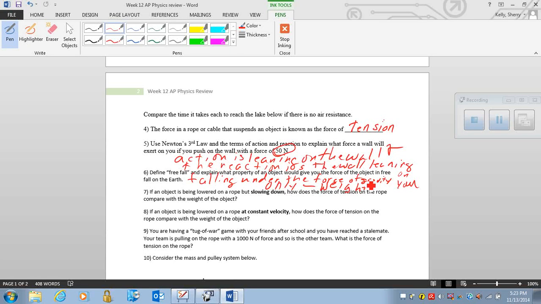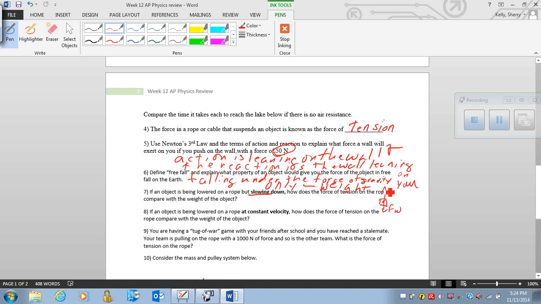If an object is being lowered on a rope, but slowing down, how does the force of tension on the rope compare with the weight of the object? So this is almost kind of like an elevator problem. We have your weight force, and we have your applied force going up.